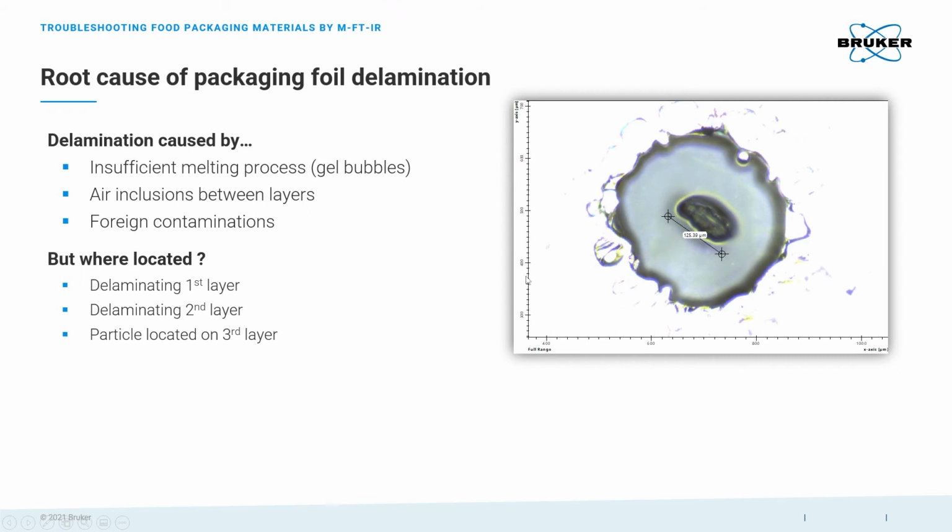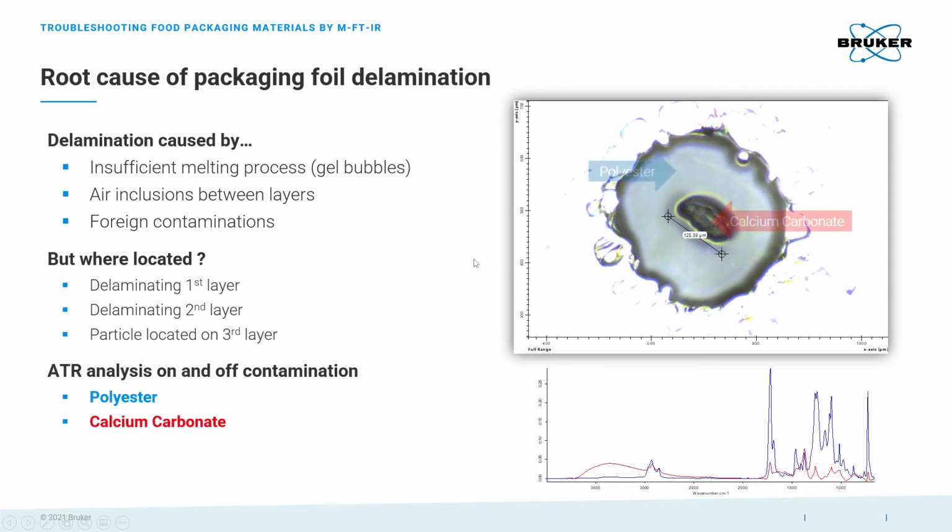As mentioned, we measured this with ATR microscopy in this case. So we measured on and off this contamination, and what we know is there's a polyester layer present. So this is the polyester layer analyzed and displayed here in blue. And the particle itself in the center has been identified as calcium carbonate.